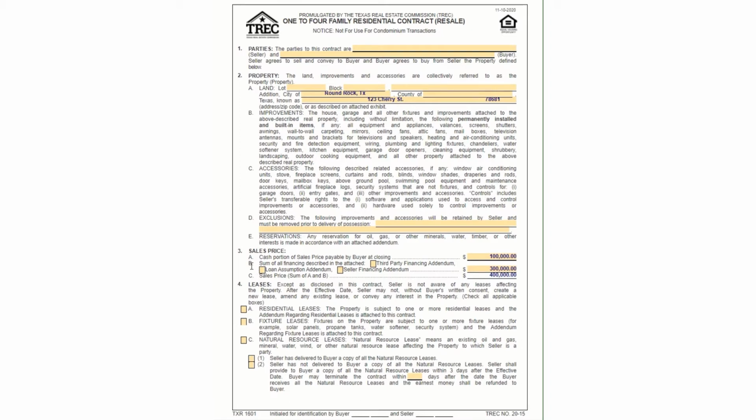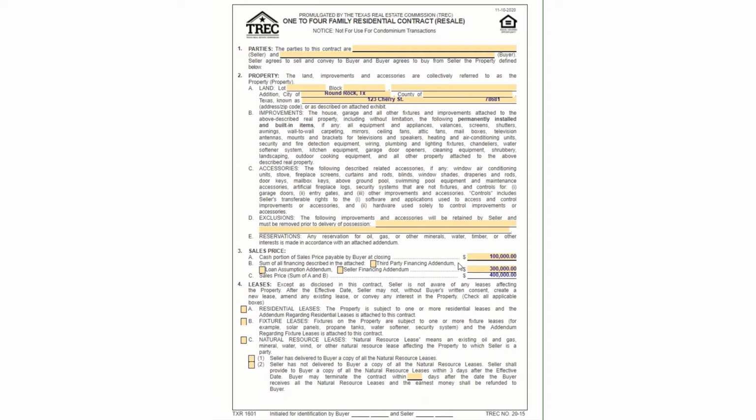Let's look at B a little more closely. Sum of all financing described in the attached, and we have 3 choices. We can check third-party financing addendum, loan assumption addendum, and seller financing addendum. These are all 3 promulgated forms that you have in your form software. You'll want to take a look at each one of those, but most often you'll be using the third-party financing addendum. Now, what does third-party mean?